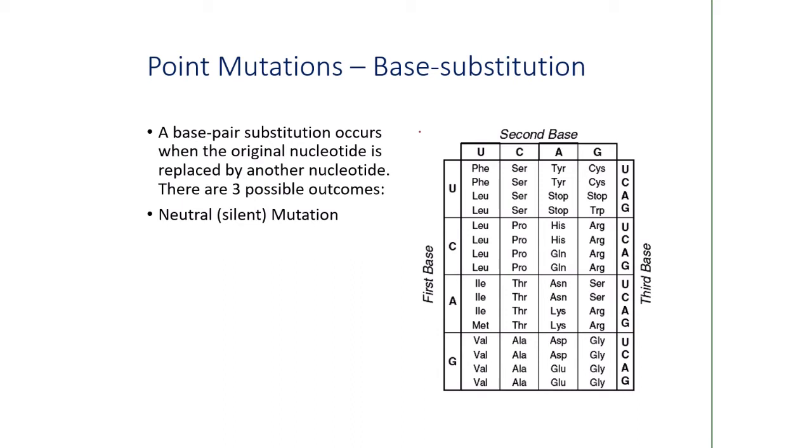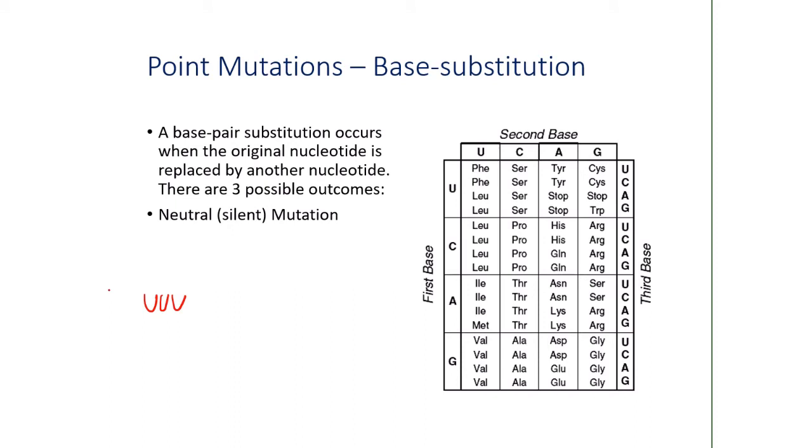There are three possible outcomes of a base substitution, and the first one is what's called a neutral or silent mutation. In a neutral mutation, the mutation does not result in a different amino acid. So let's say UUU was the original codon.